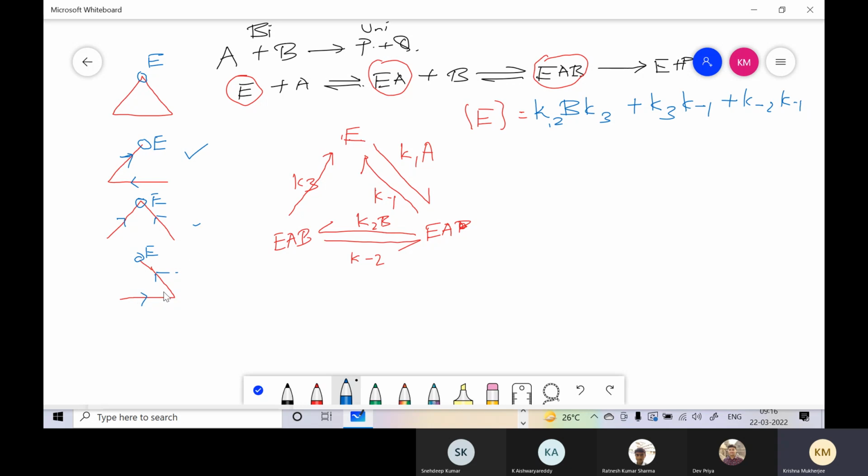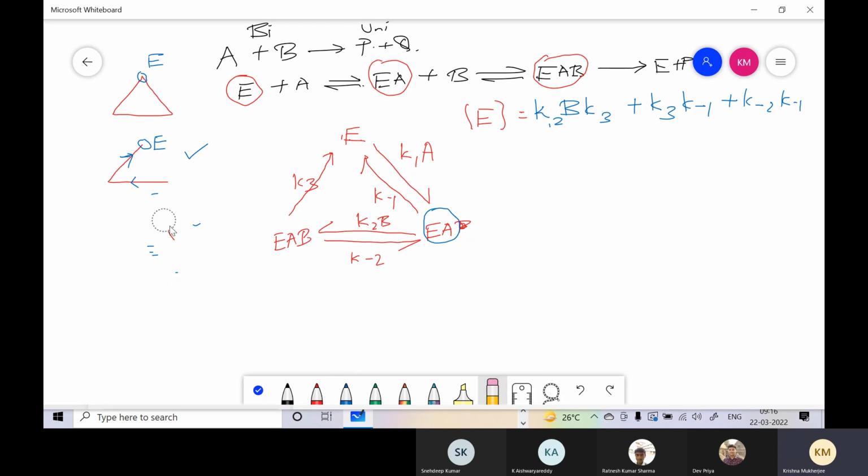These are the 3 methods of reaching E: the back one here, K2B, K3; the one here, K3 into K minus 1; and this one here, K minus 2, K minus 1. Now, let us concentrate on EA. That is this one. So we rub this one out.